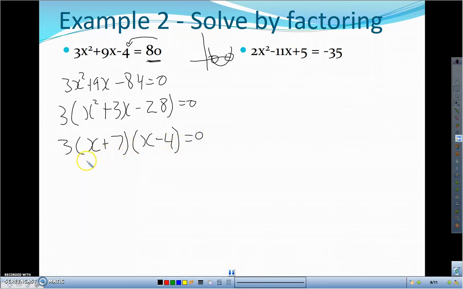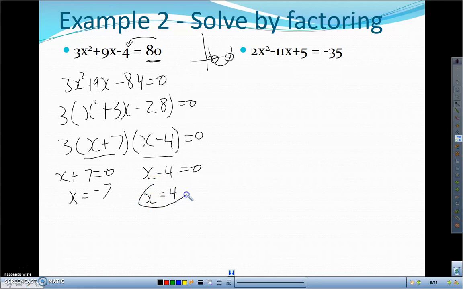And what we do to solve this is ask, when are these two expressions equal to 0? Well, x plus 7 is equal to 0 when x is equal to minus 7. And if we substitute minus 7 in here, we could verify that it's 0, just like we did in the previous example. X minus 4 is equal to 0 when x is equal to 4. So these are our answers.